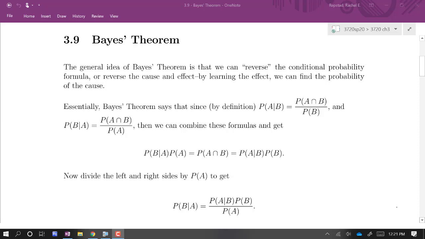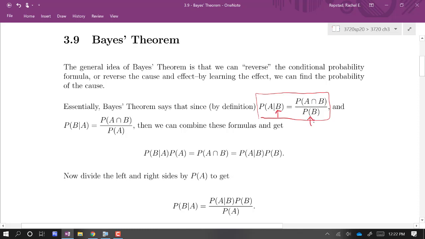With Bayes' theorem, what we're doing is taking that conditional probability definition. For example, we know that by definition, the probability of A given B is equal to the probability of the intersection divided by the probability of B. The condition here, the event B, is our new universe.